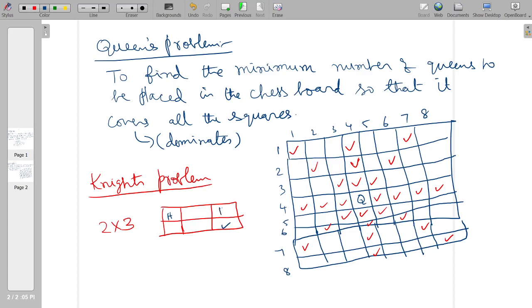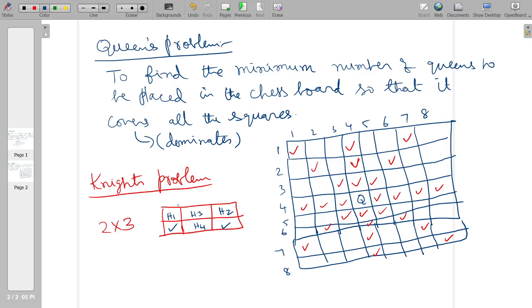So if I place h2 here, automatically this would cover this. So for these two I should have h3 and h4. So a maximum of 4 knights is required to cover this chessboard. You can just try whether this 4 is a minimum.